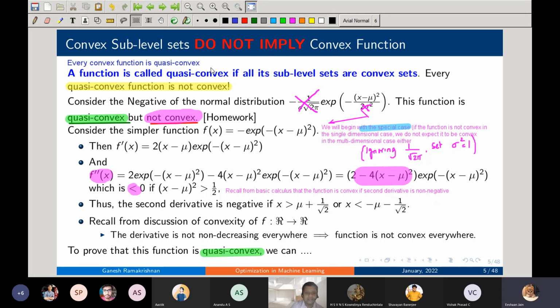What's certainly interesting is that quasi-convex functions do have several regions of convexity. That I think is an interesting point.